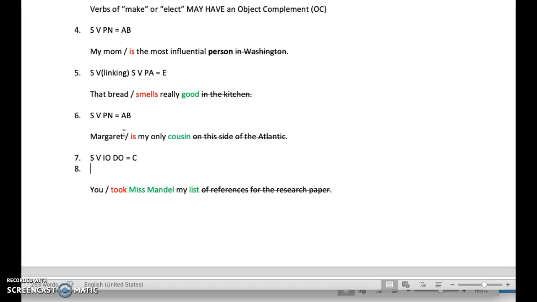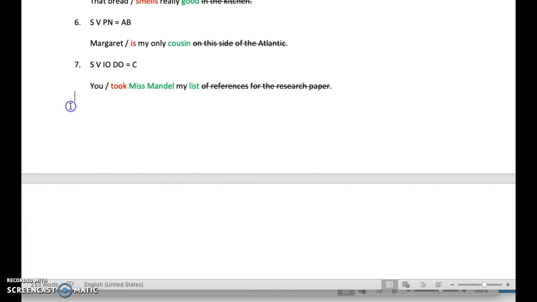Okay, so here's a little note about indirect objects versus direct objects. Indirect objects answer to whom or to what after a transitive action verb.